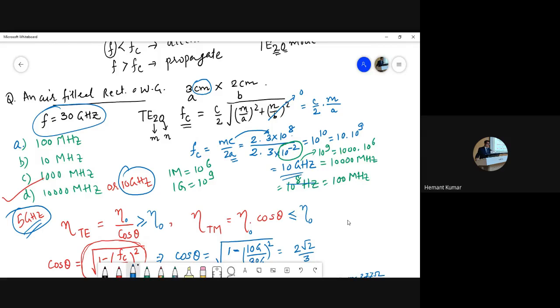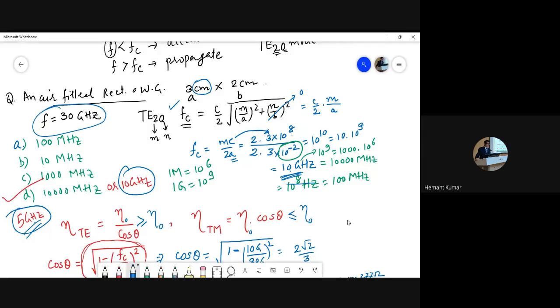So the first task is to calculate the cutoff frequency. Once you calculate it, you need to check whether the operating frequency is less than the cutoff frequency or greater than that. If it is greater than that, then it will propagate. If it is less than that, then it will not propagate, it will attenuate.